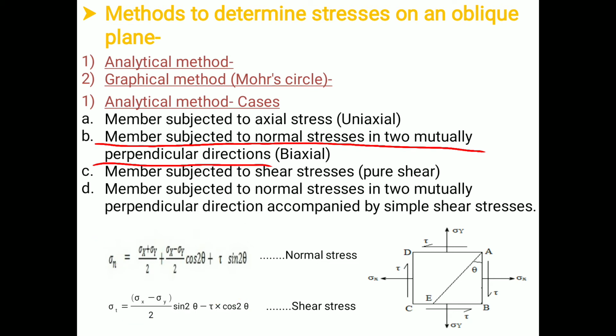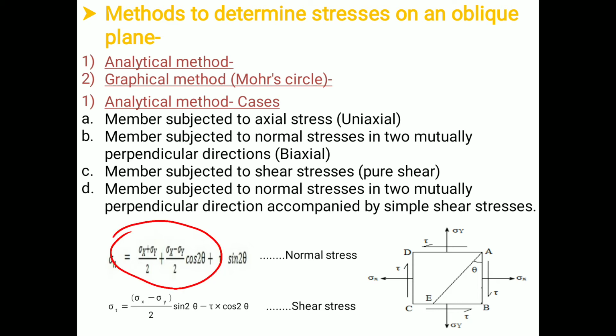Now, in the third case, a member is subjected to only shear stresses, that is known as pure shear. No normal stresses will be there along the x direction or the y direction; it is subjected to shear stresses only. Therefore, in the equation of normal stress, sigma x and sigma y will be 0, and only the value of tau will be considered because it's a case of pure shear.